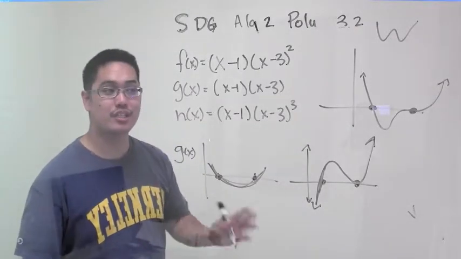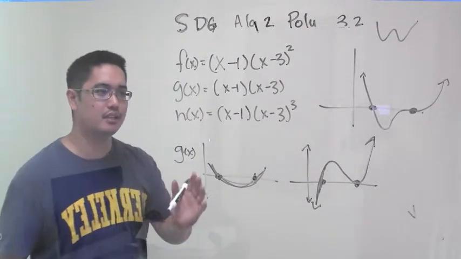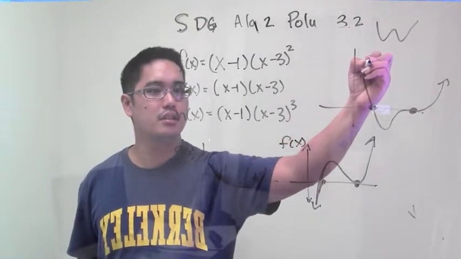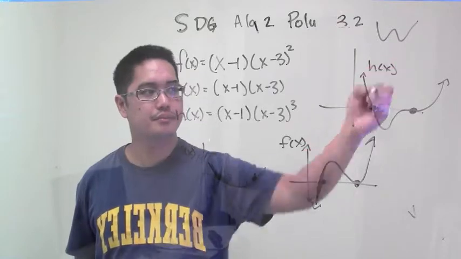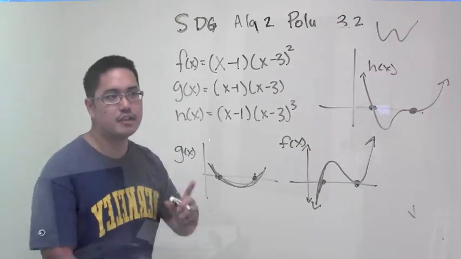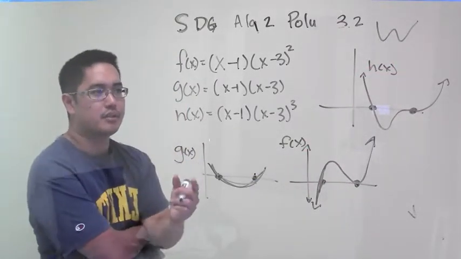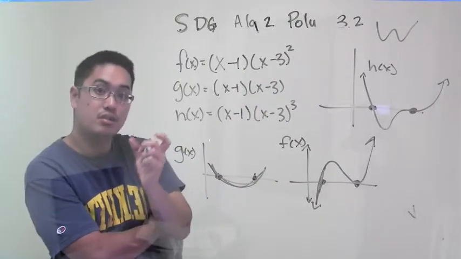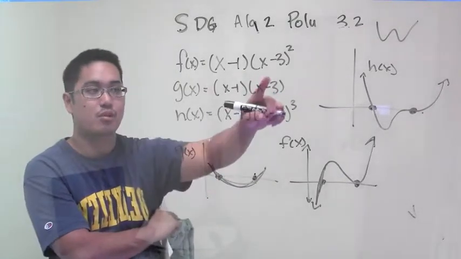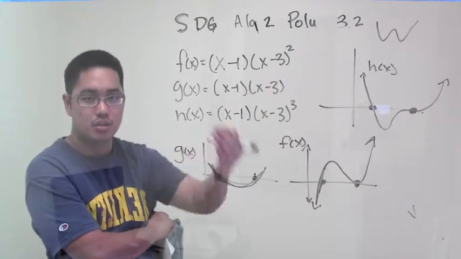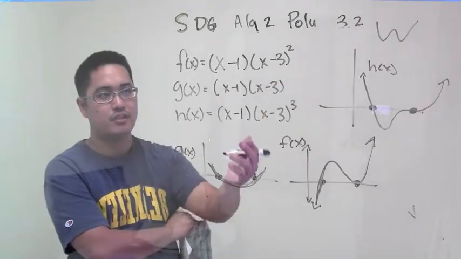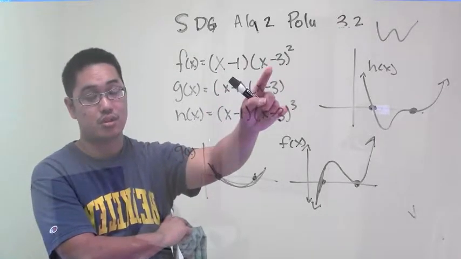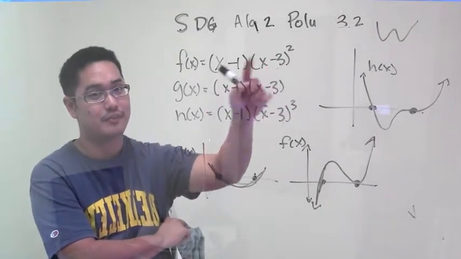Now what I think is really interesting too is, let's take a look at this. This is f of x. This is h of x. If there is a repeated factor, the repeated factor in this one is x minus 3, 2 times. See, the factors of this are x minus 1, or x equals 1, x equals 3, and x equals 3.